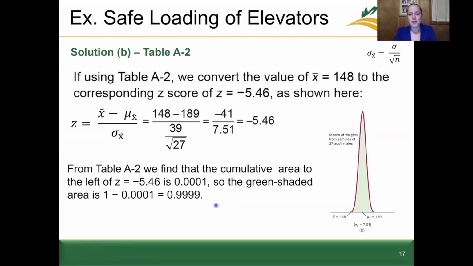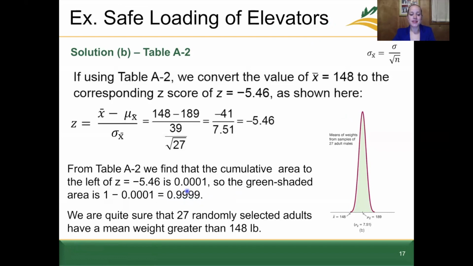So with this probability value of 0.9999, that's almost 1. From that, we can say we are pretty certain that 27 randomly selected adults have a mean weight greater than 148 pounds, given the scenario, given the data we were working with in our question.